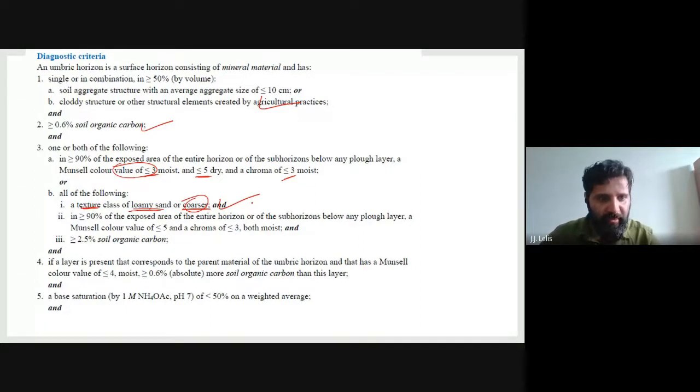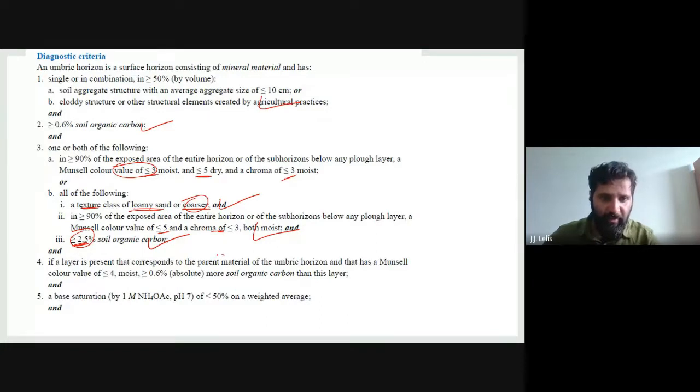It should present dark colors like here. We also follow this. We follow the content of organic carbon, so it's okay. And it should present a higher content of organic carbon in comparison with the parent material.